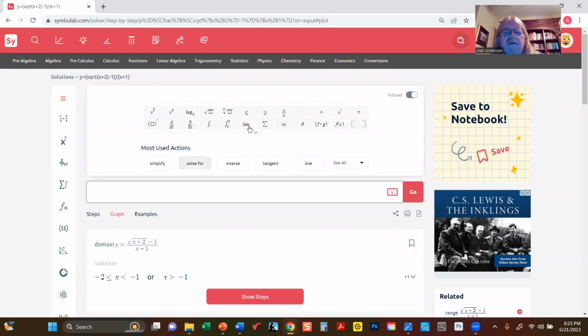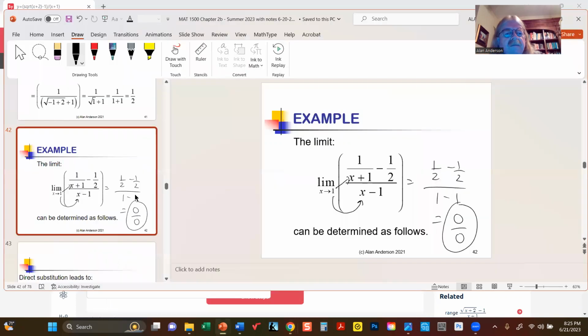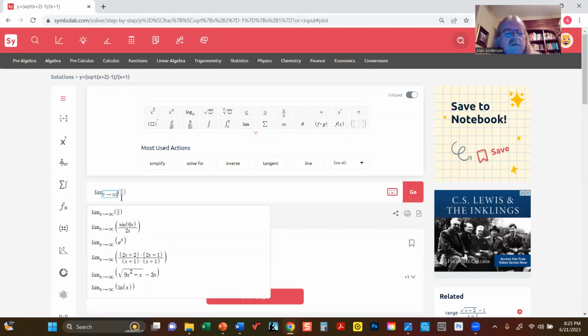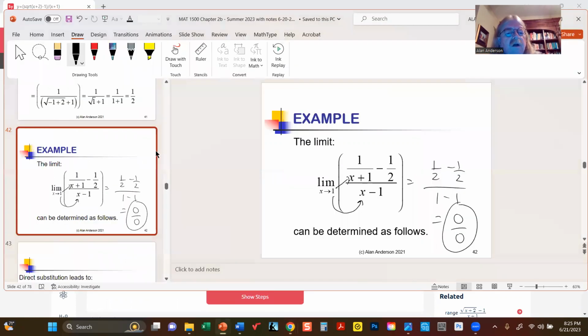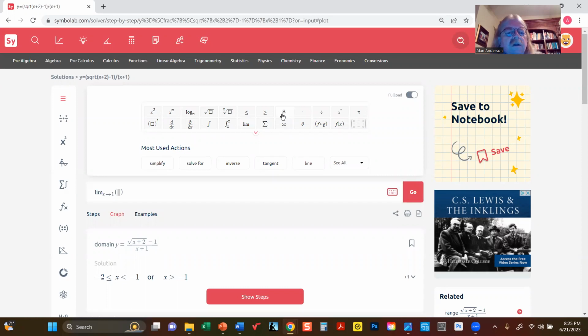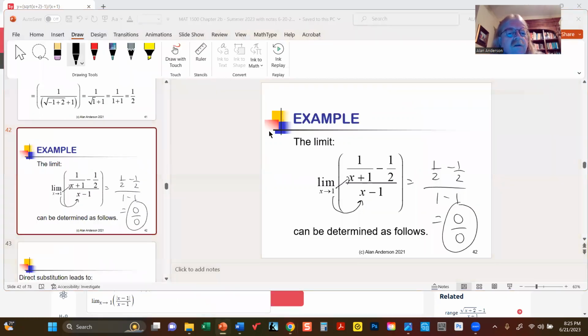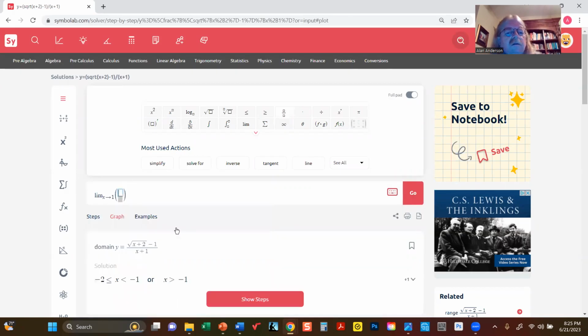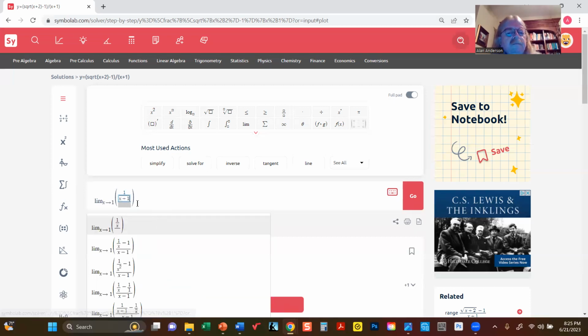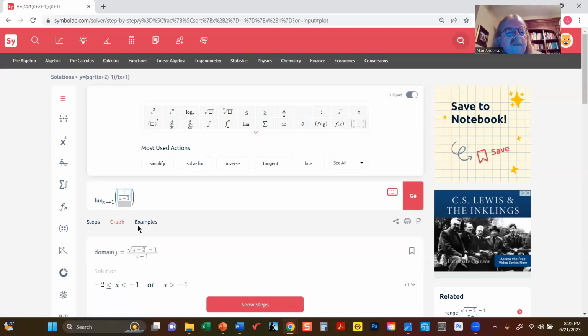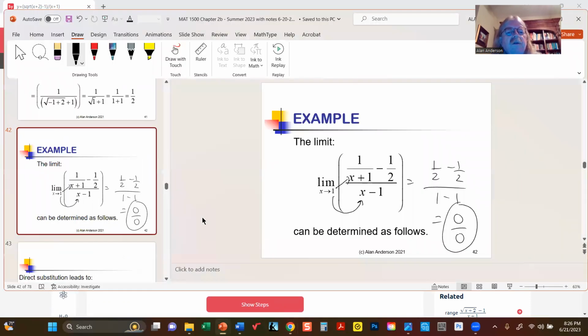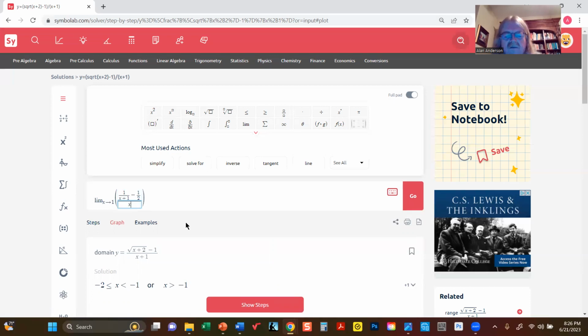So there's a limit here, as x goes to 1, and the original function was, okay, here we go, 1 over (x plus 1) minus a half, all divided by (x minus 1). All right, take it away, Symbolab.